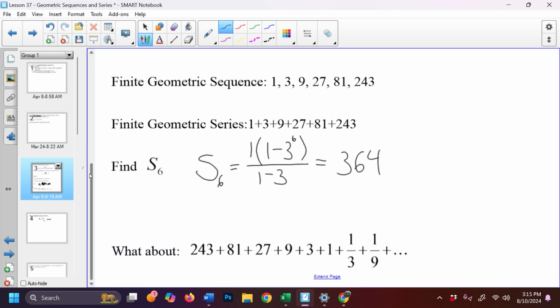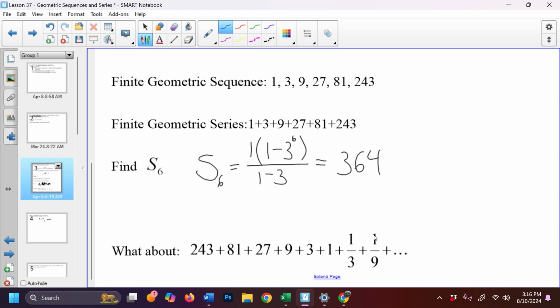But what happens if I take this series, flip it around, and start with 243 and then multiply by a common ratio that makes it smaller? In this case, if I multiply 243 by 1/3, I get 81. 81 times 1/3 is 27. 27 times 1/3 is 9. 9 times 1/3 is 3. 3 times 1/3 is 1. 1 times 1/3 is 1/3.